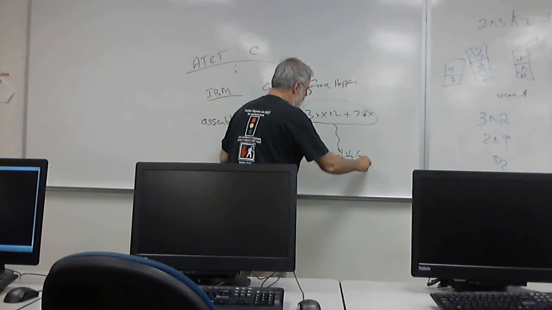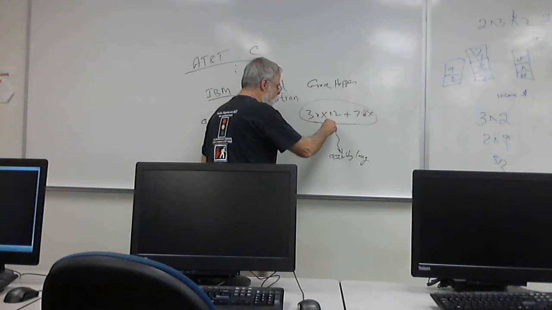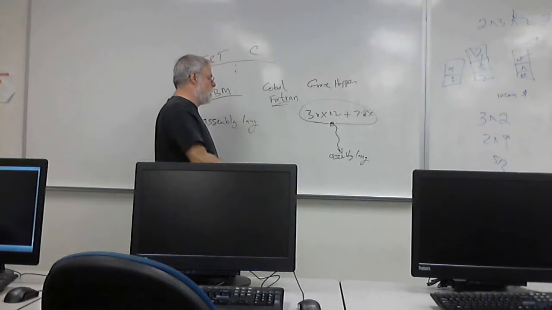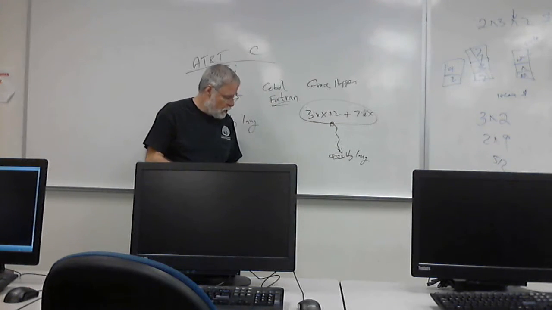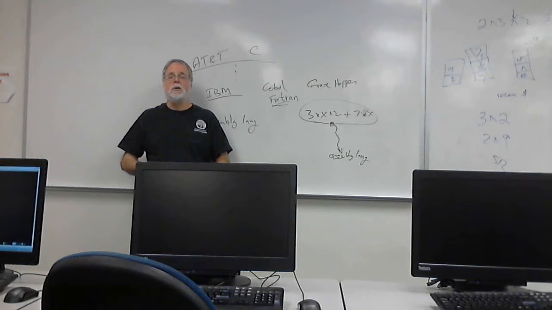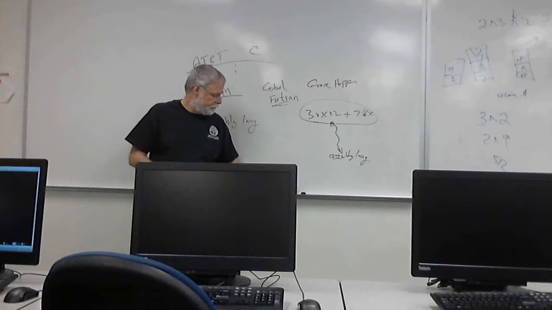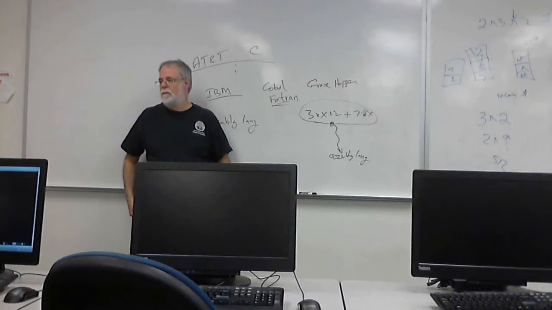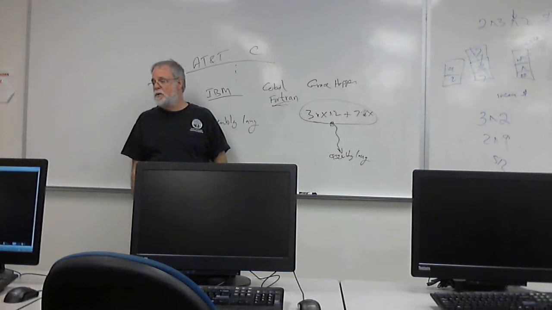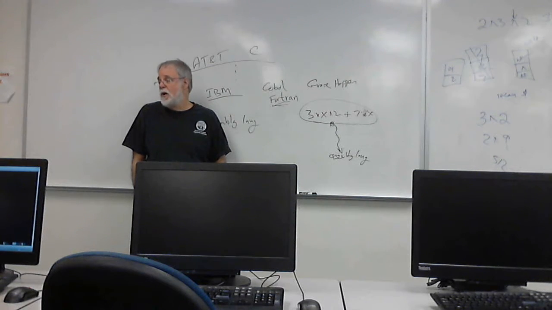They were very concerned that their automatic translator, this Fortran, was going to be as good as what humans could do. Fortran was a full-blown language. BASIC is kind of like a simplified version of Fortran, at least that's how it started.